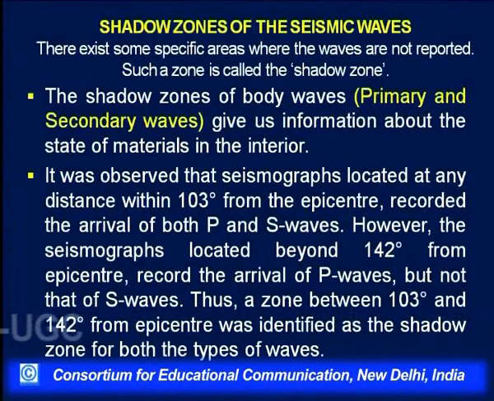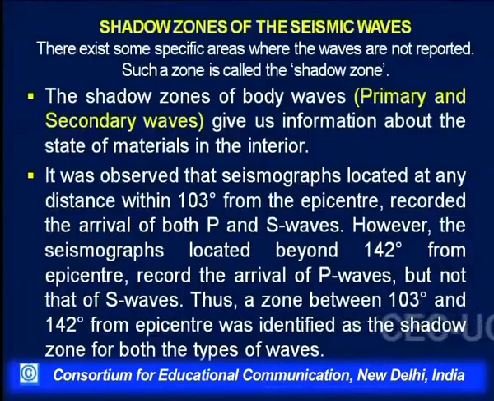So if I elaborate on this point, at any epicenter there is a zone of 103 degrees to 142 degrees. In that particular zone, no primary wave is recorded, whereas after 142 degrees, primary waves appear again, but secondary waves do not appear again.